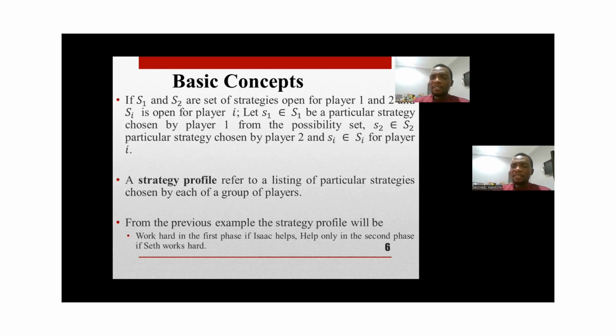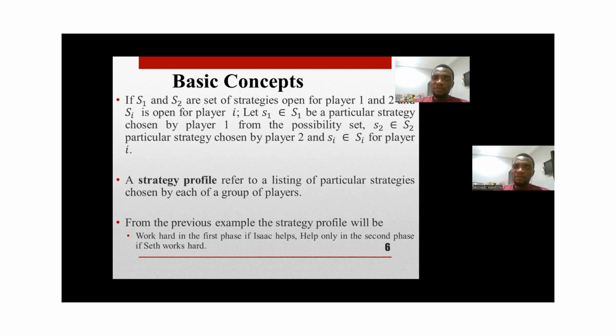The combination of all the strategies, all the decisions you make yesterday, today, we put together and call the strategy profile. So a strategy profile is the list of all the strategies you have at your disposal. Take player 1 and player 2.